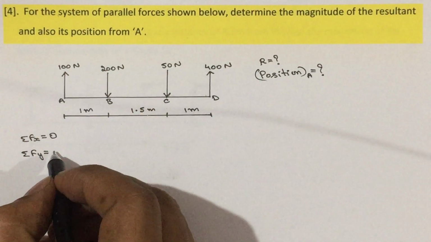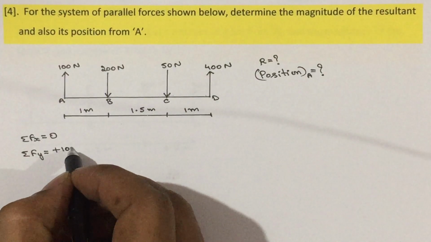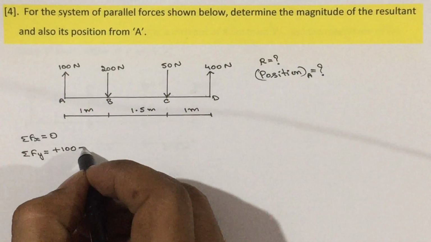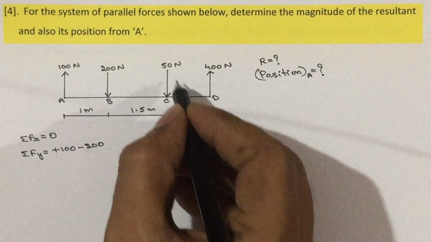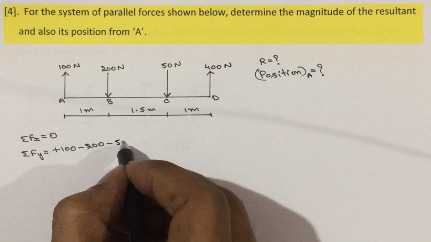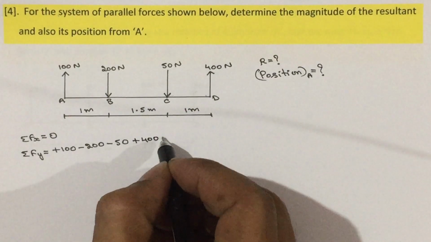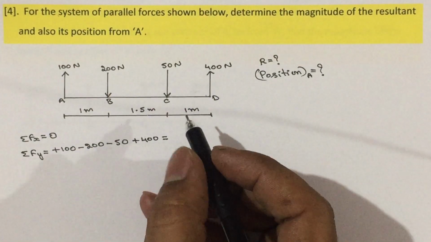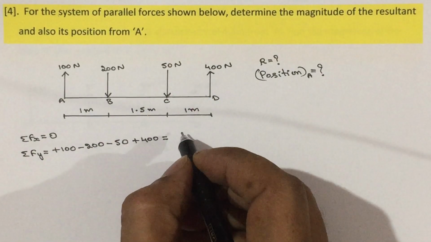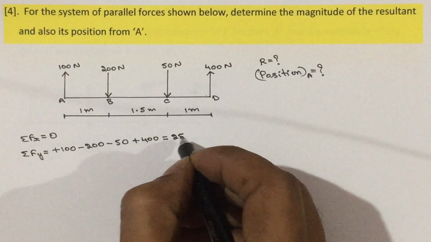Here the vertical force upward, so plus 100, then downward minus 200, then downward minus 50, then upward plus 400. That should be equal to sigma fy. If we calculate, you are going to get 250 Newton.